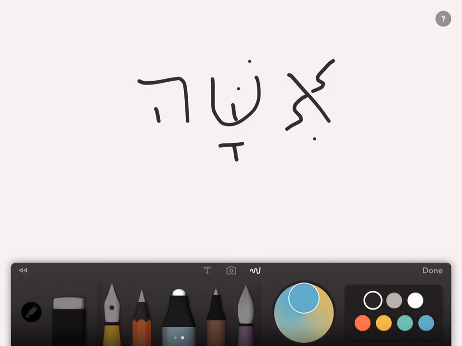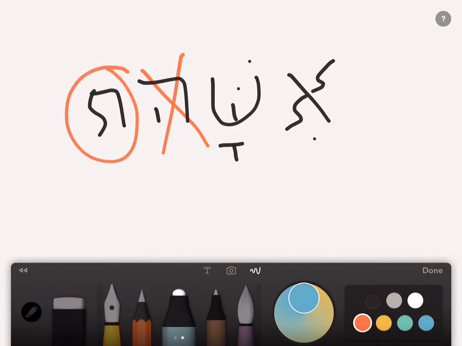When we add a suffix to isha, we remove the he and we put a tav in its place. That's how we know it's feminine. I like to think that the he is a weak foundation. You don't want to build anything on a weak foundation. You want to have a good, strong foundation, and the tav gives you a good, strong foundation.